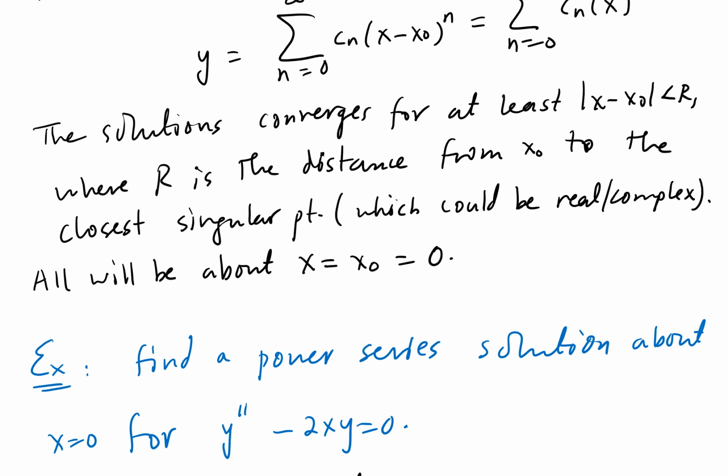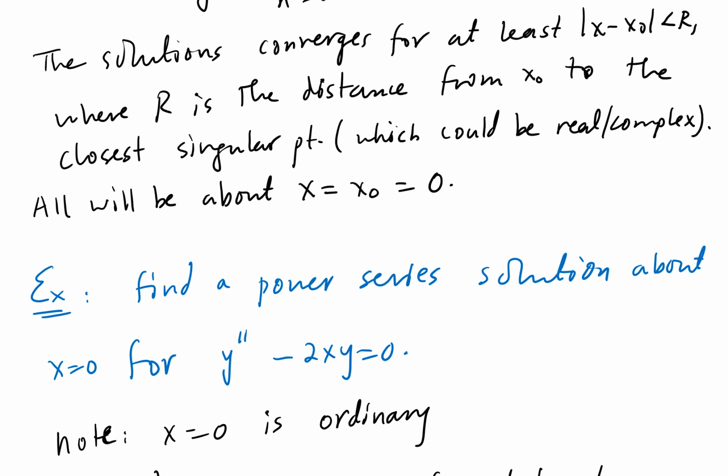So how do we start? We know that x equals 0 is an ordinary point, right? Can you see that? This leading coefficient is 1. It's not 0. 1 is never 0.